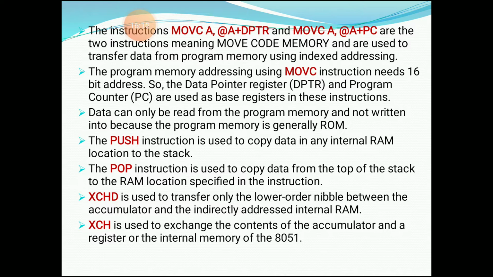Program memory addressing using MOVC needs a 16-bit address. This 16-bit address is stored in either DPTR or the program counter, and these two registers are used to store the base address in these instructions. The data can only be read from the program memory and not written into it, because the program memory is generally read-only memory.